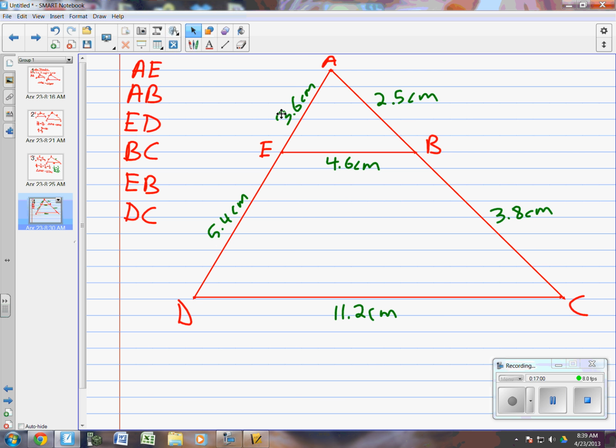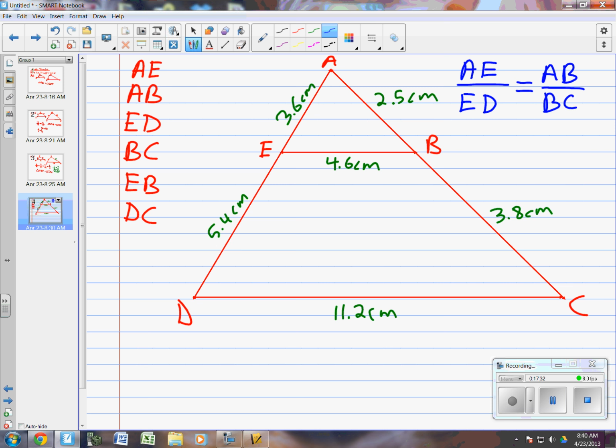Okay, now this is what I want everybody to do on yours, just to see how accurate you are. I want everybody to divide AE over ED, and then see if it's equal to AB over BC.